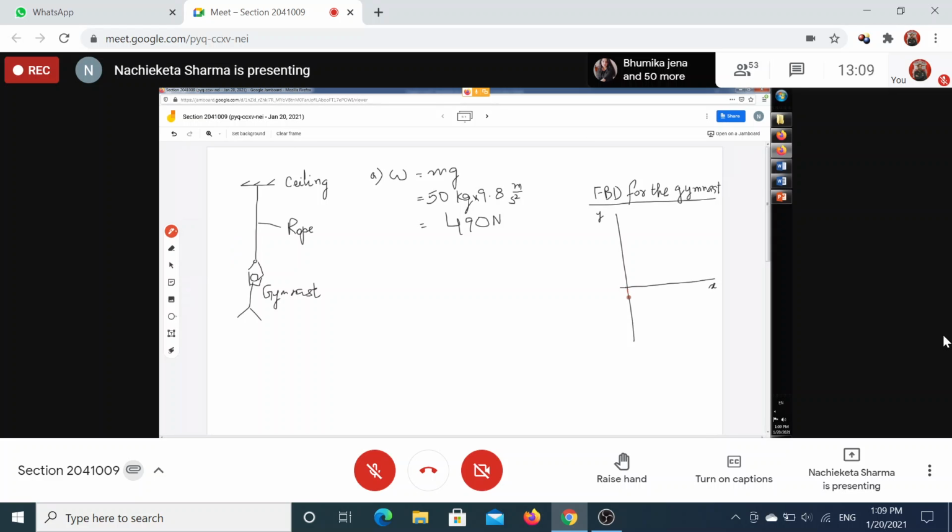You see how many forces actually are involved in this problem? Can anybody say how many forces are involved? How many bodies are there actually? Can you say?